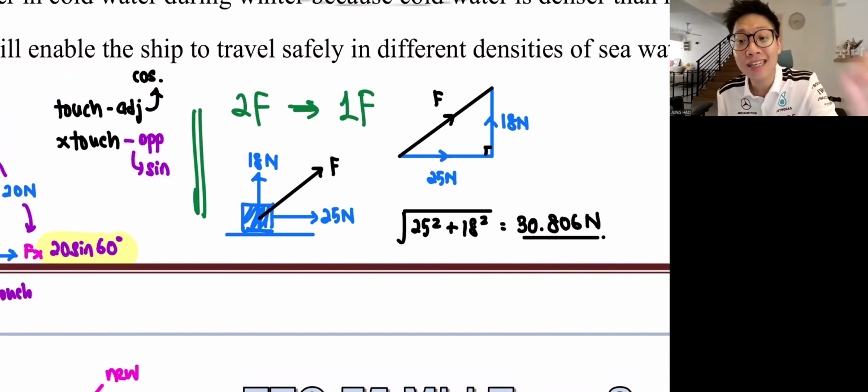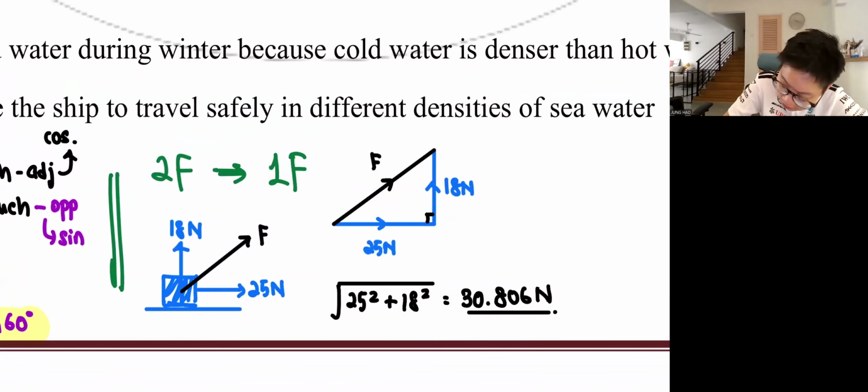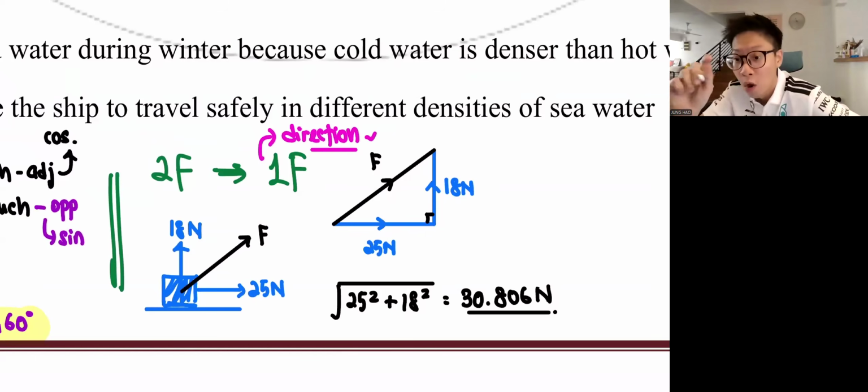But guys, unfortunately, this is not the end yet. Why is this not the end yet? Because sometimes for the one force, they will even ask you to find the direction of the force. Where is the force going towards? Which direction?